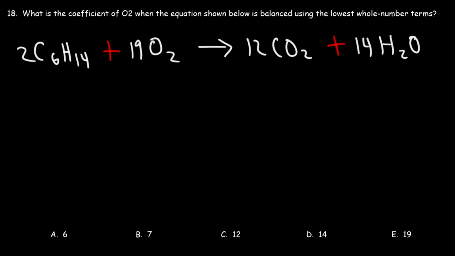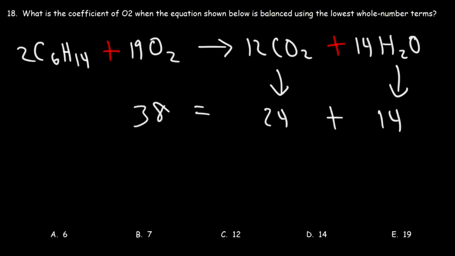Now for the number of oxygen atoms, we have 14 water molecules, so 14 oxygen atoms. 12 times 2 is 24. And 19 times 2 is 38. And 24 plus 14 is 38. So we now have the same number of carbon atoms, hydrogen atoms, and oxygen atoms on both sides. So the equation is now balanced.